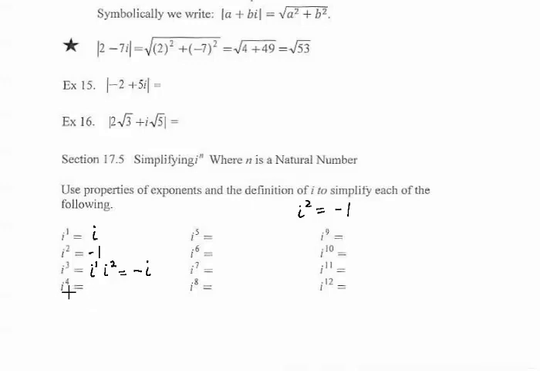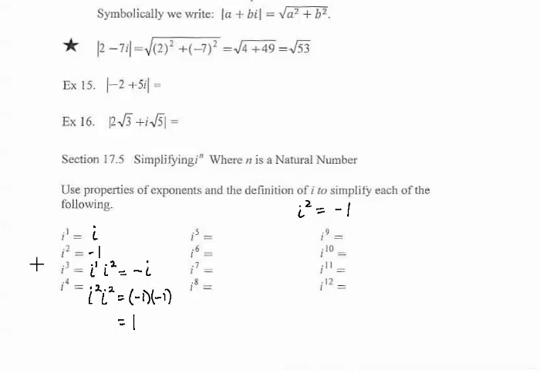So finally, i to the fourth power we can write as an i squared times an i squared. Each i squared can be replaced with a negative 1, and so we end up with minus 1 times minus 1, which is plus 1.